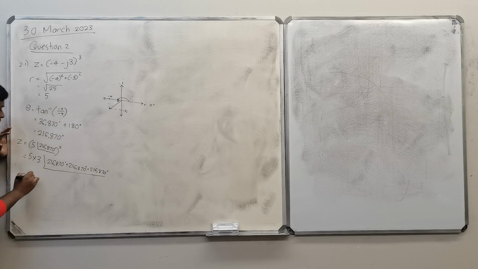You could have just said times 3, but I don't want to write that there because you're going to think for all things with multiplication, you just multiply. It's not that. Here, you add the angles.